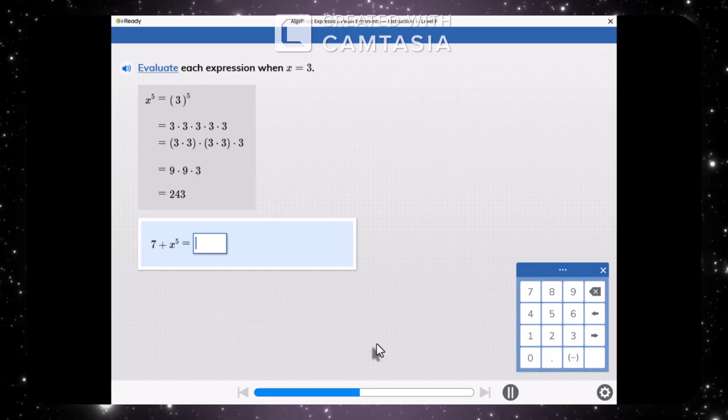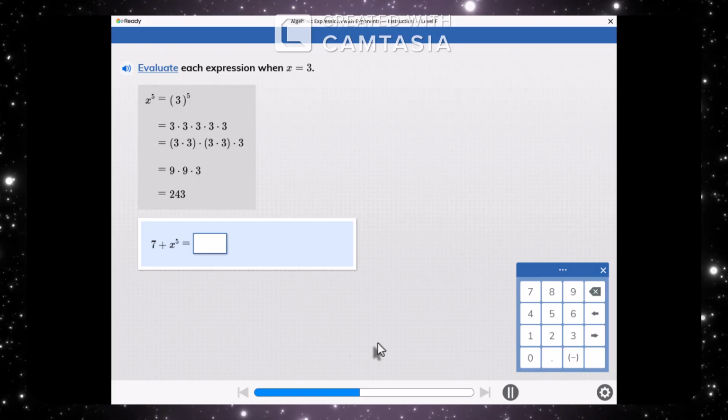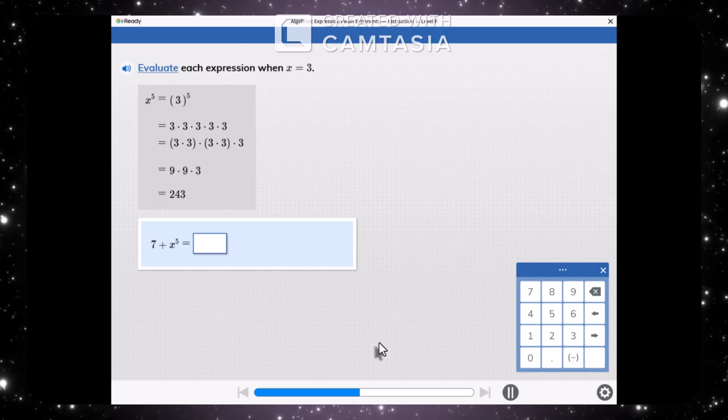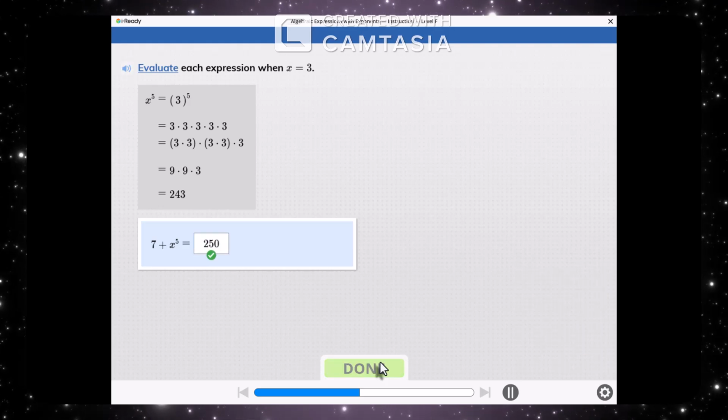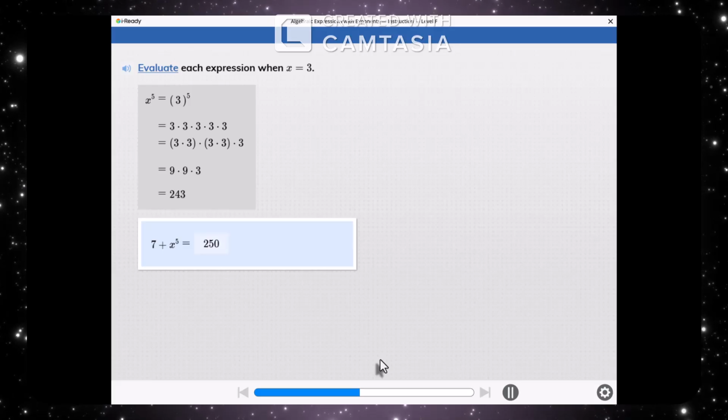Seven plus x to the 5 is equal to 10 to the 5.